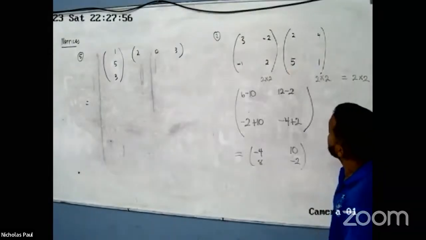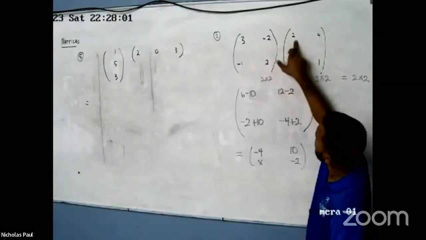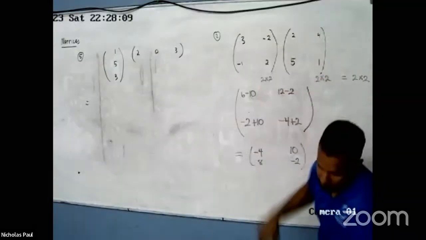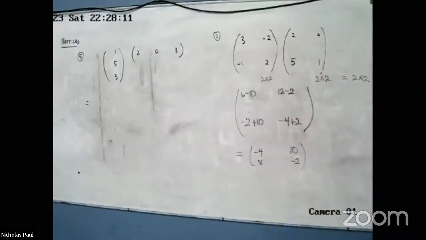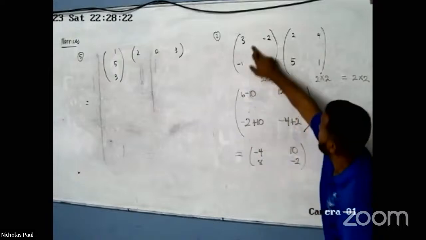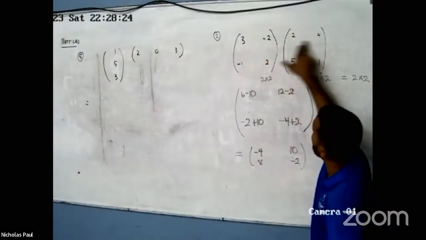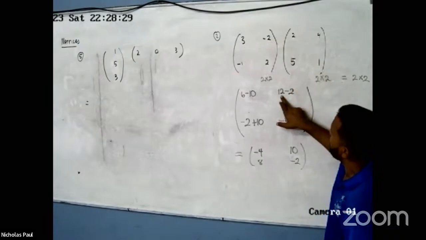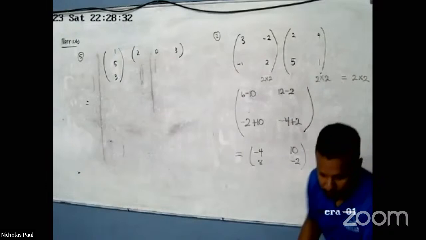So 3 by 2 is 6, minus 2 by 5 is minus 10. Going by column, it's 3 by the 4, minus 2 by the 1. So it's this by this, 3 by 4 is 12, minus 2 by 1 is minus 2.